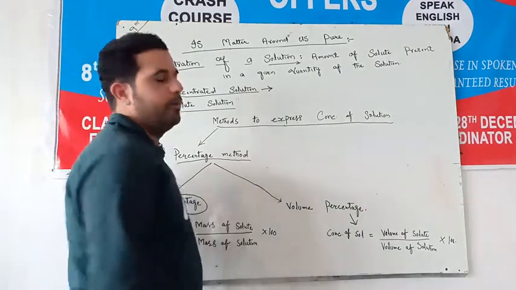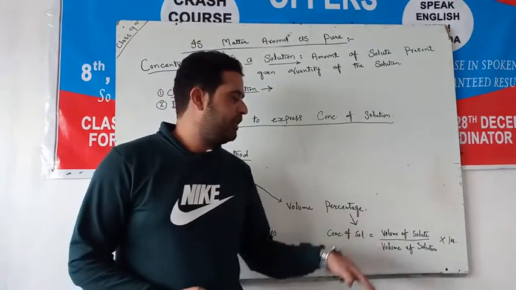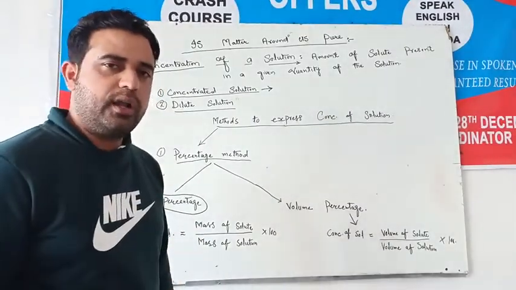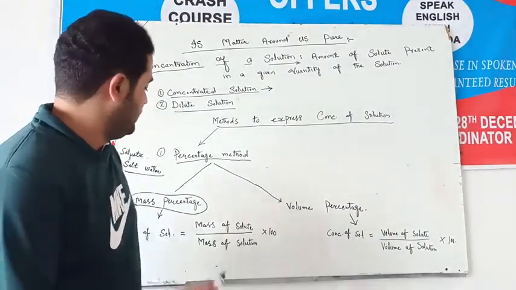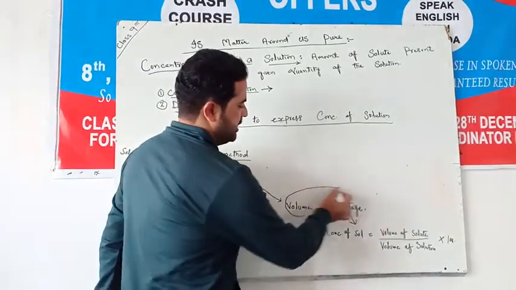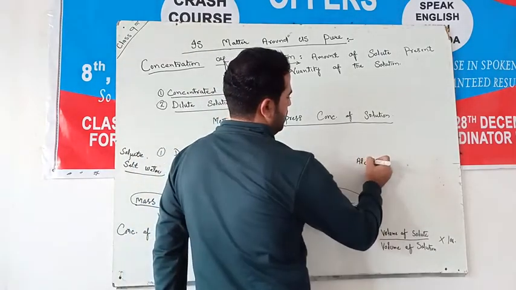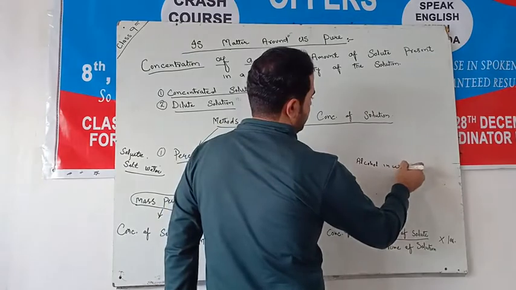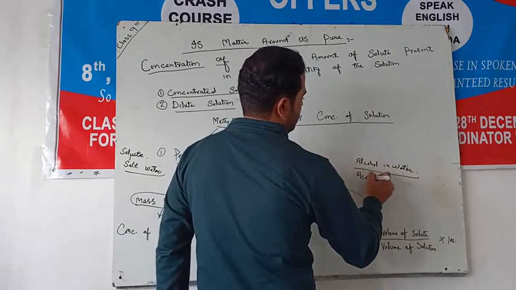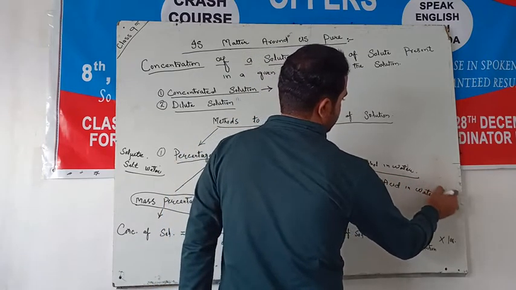But if we have a solute in the form of liquid and the solvent also in the form of liquid, when both solute and solvent are liquids, then we do not use the mass percentage method, we use the volume percentage method. The examples are alcohol in water, or acetic acid in water, which we call vinegar.